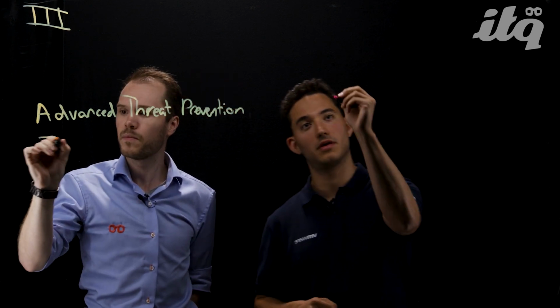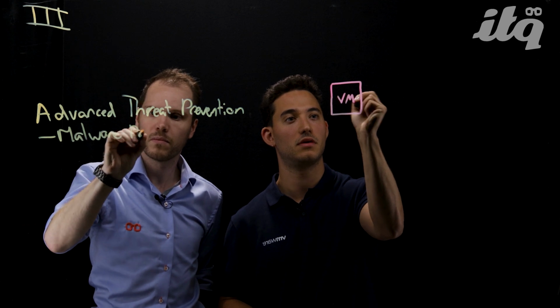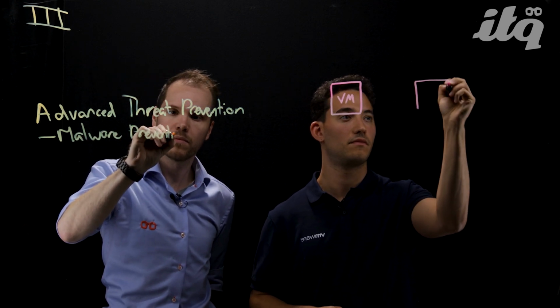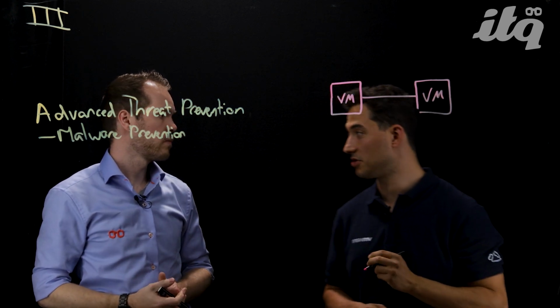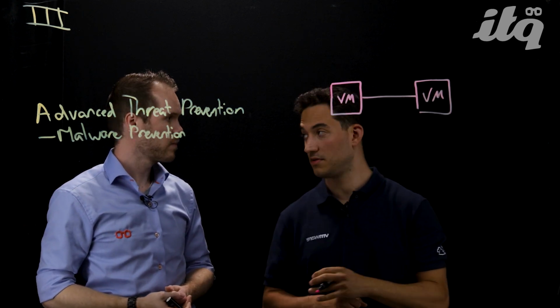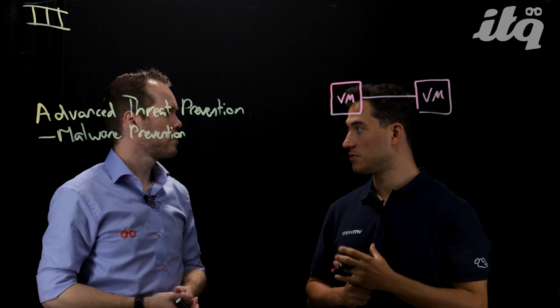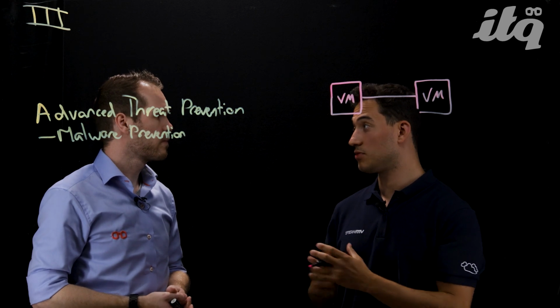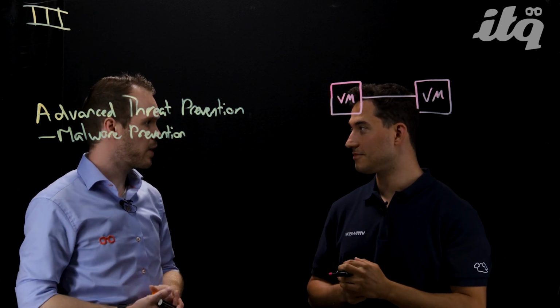Okay. Maybe we can do a drawing here. The idea here is about detecting malicious files. So we're talking about VMs within your data center. We're going to be leveraging VMware tools to detect all sorts of attempts to download a malicious file. Cool. So not another agent required?